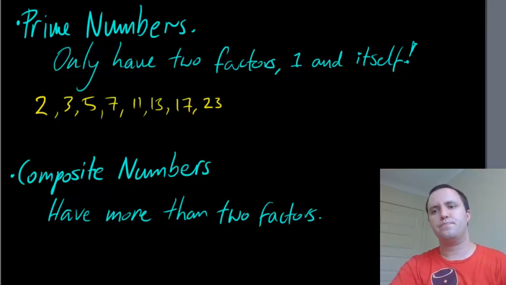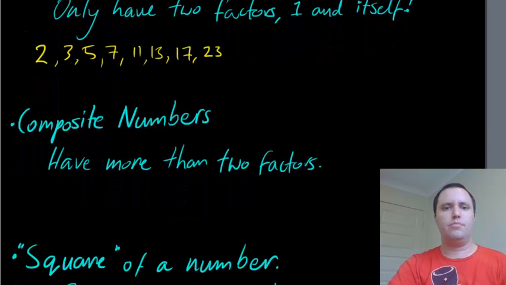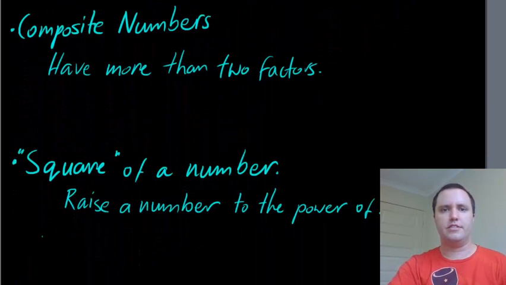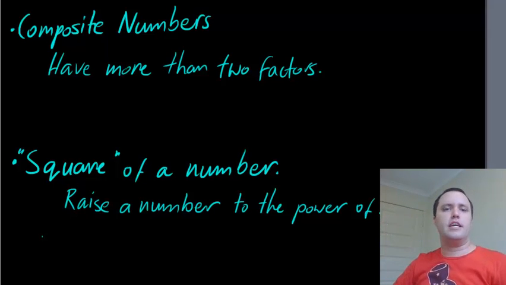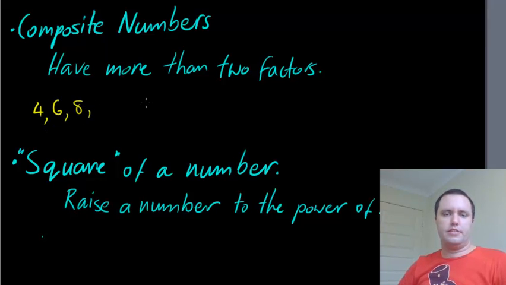Right, composite numbers. They have more than 2 factors. So anything except for 2 that's an even number. So 4 is a composite number. 6, 8, 12. We can grab out 15 as a composite number because we have 1 times 15 and 3 times 5.